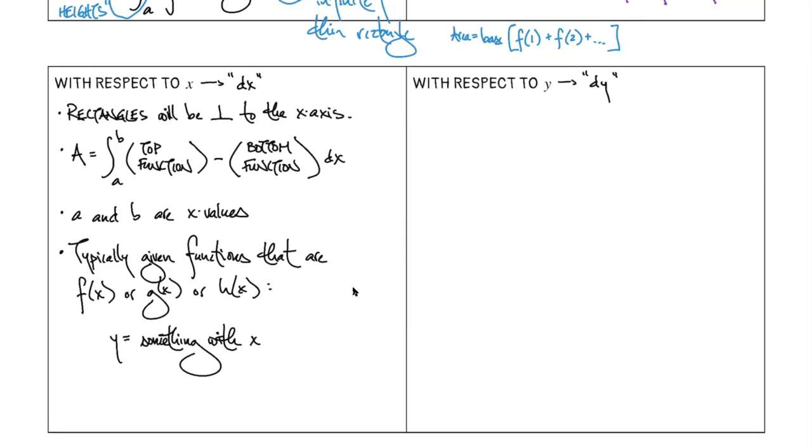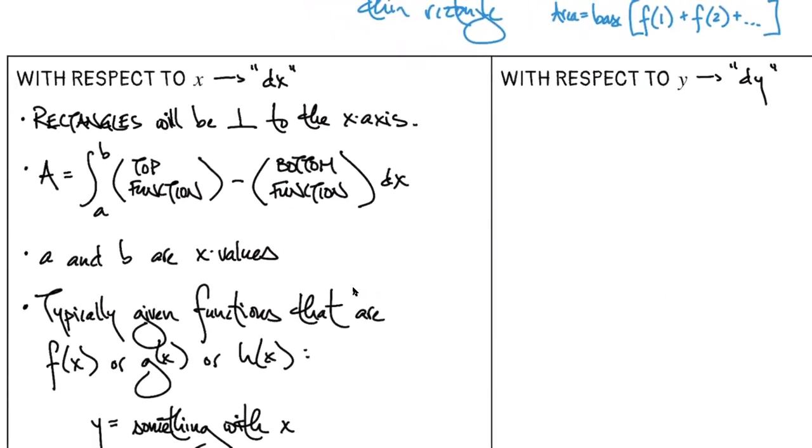And so what we're going to do is take these 4 statements that we wrote earlier for with respect to x, and modify them for with respect to y. Let's start with this first one. I said originally that rectangles will be perpendicular to the x-axis if we're looking at x.